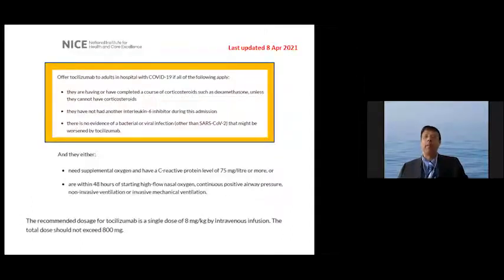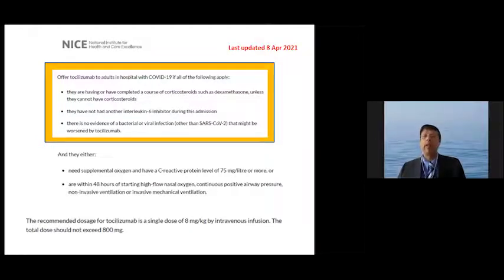NICE has also come in and given some recommendations, and this is a very important set of criteria to follow, because they should be having or completing a course of steroids. They have not had another IL-6 inhibitor just before the treatment option was considered, and there is no evidence of another bacterial or viral infection, and that they either need supplemental oxygen or C-reactive protein is greater than 75, or are within 48 hours of starting high flow nasal oxygen.